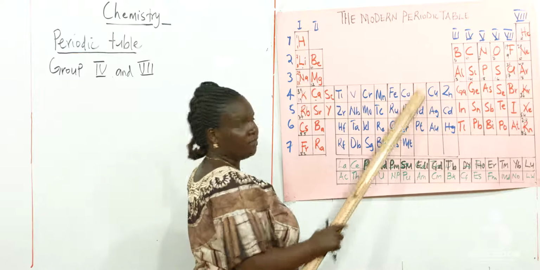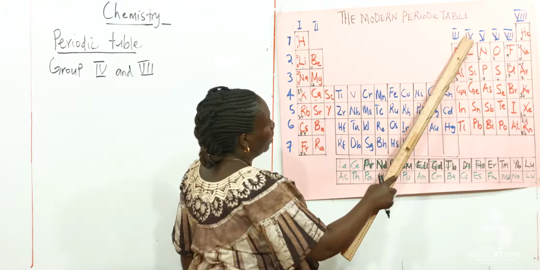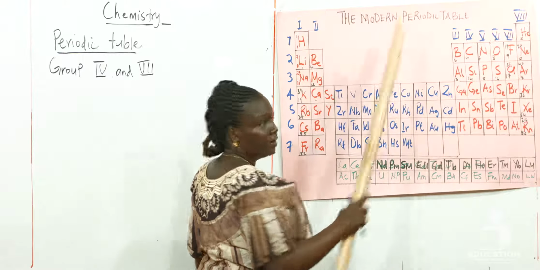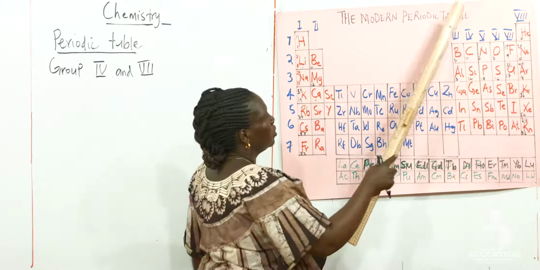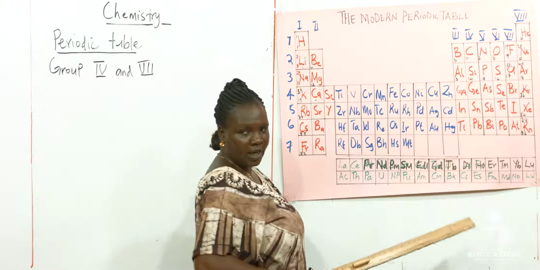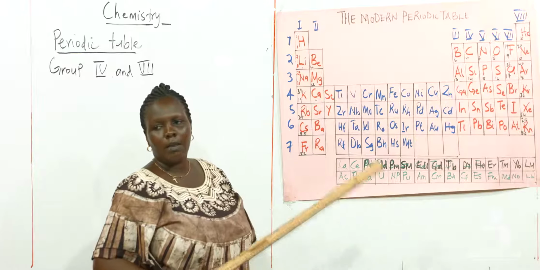So if this is our periodic table, we will be looking at group 4 and then group 7.